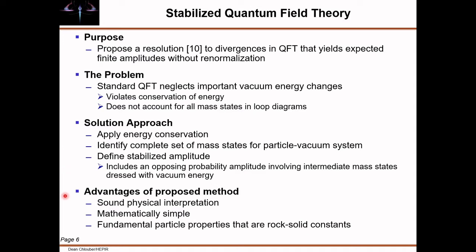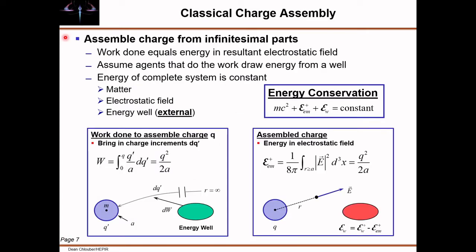The advantages of this method are that it has a sound physical interpretation. It's mathematically simple, and fundamental particle properties like mass and charge are rock-solid constants. So let's get to it.